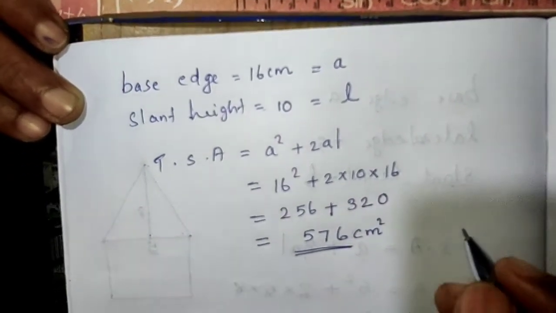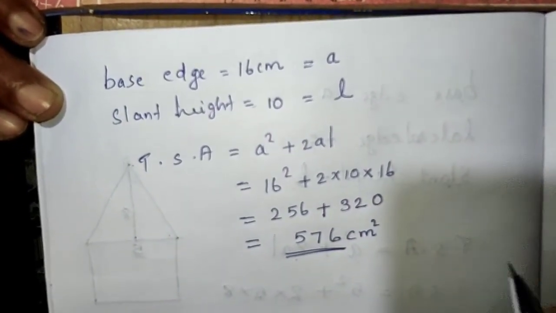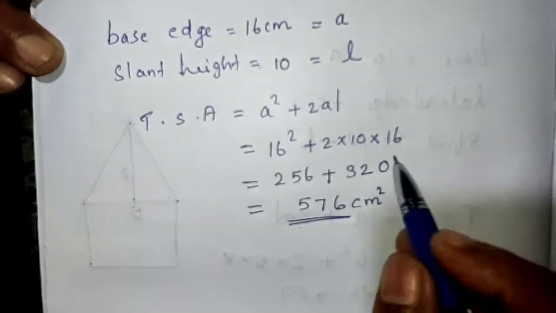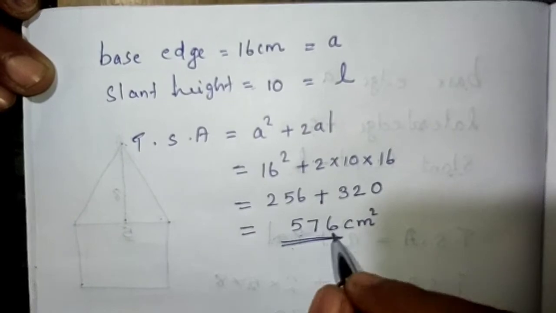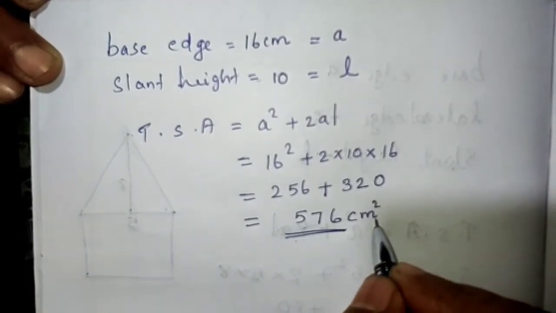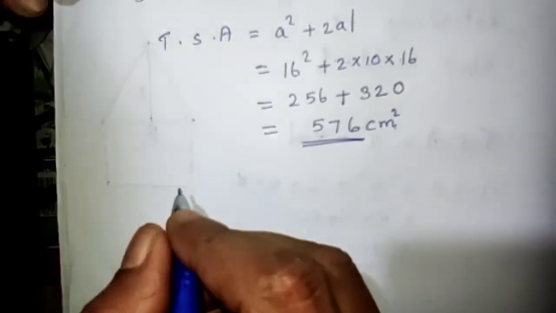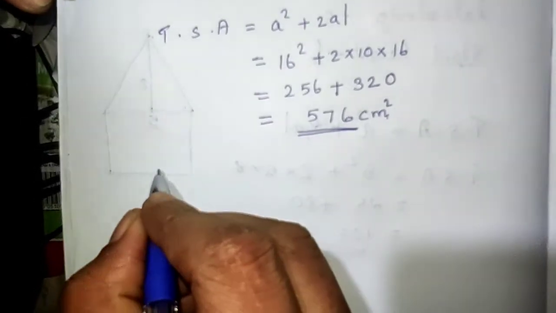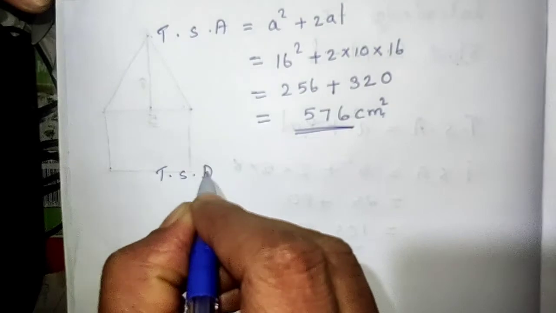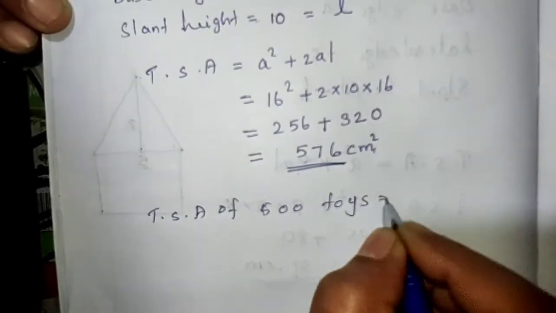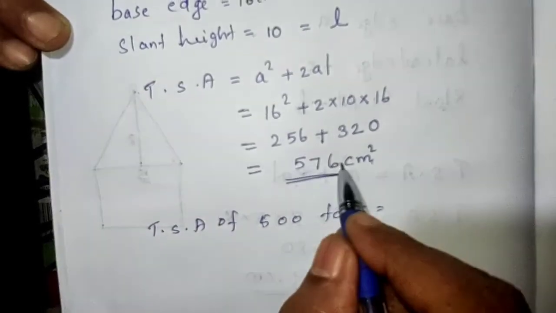Then what is the total cost of painting 100 such toys? Total surface area of one toy is 576 square centimeter. Then what about 500 such toys' surface area? Area of 1 is equal to 576.